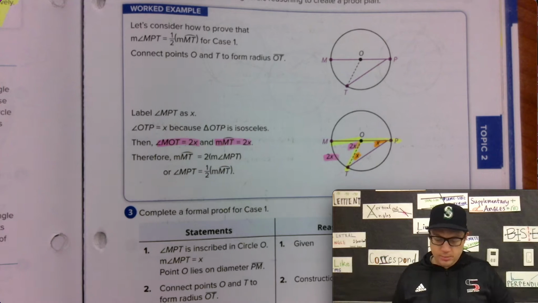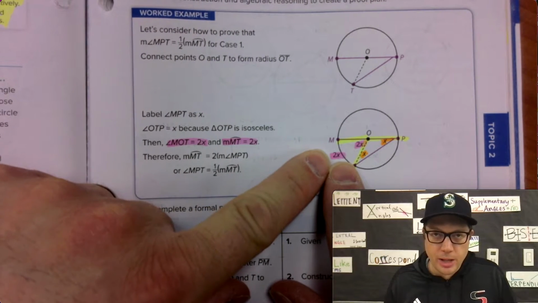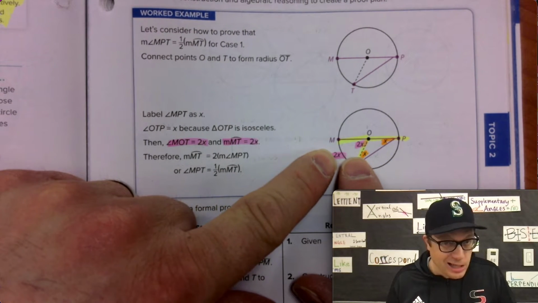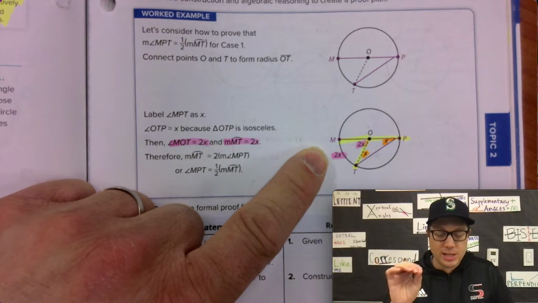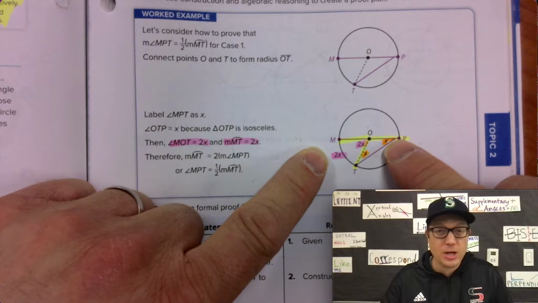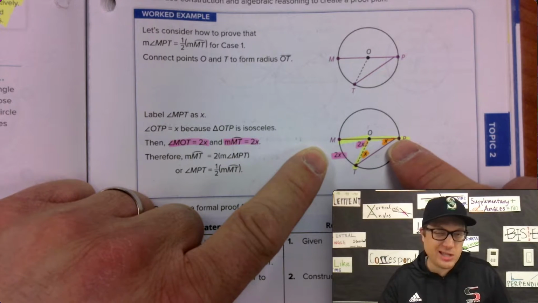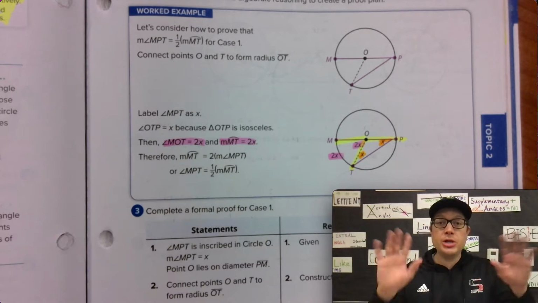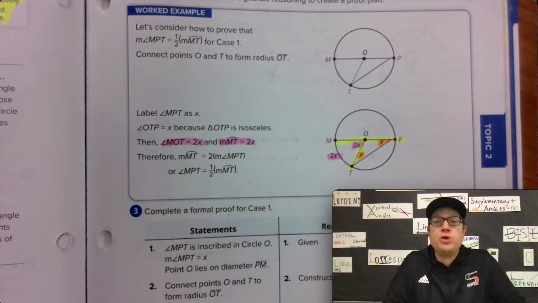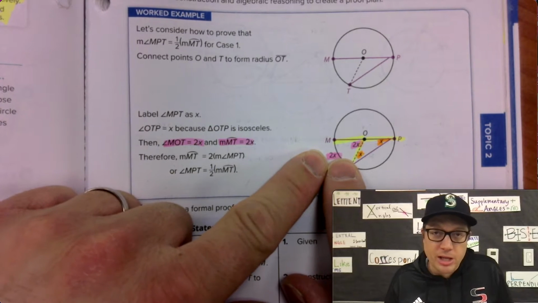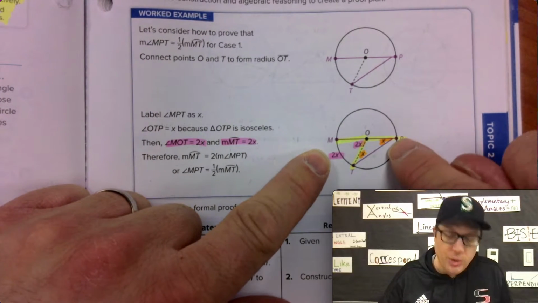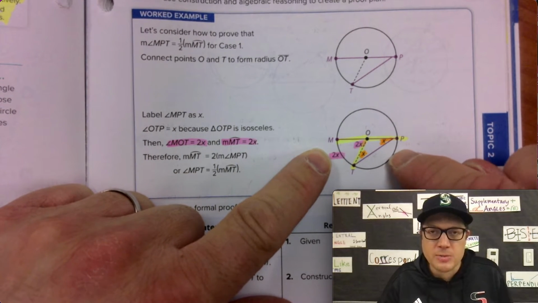Then, whatever x is, the fact that there's a 2 here means it's going to be twice the size of that angle, 2x doubling a single x. The 2x means that we have a double, so therefore in reverse, if you know how big the intercepted arc is, then you get to say that that angle is half as big.